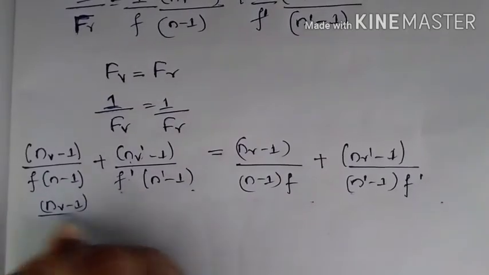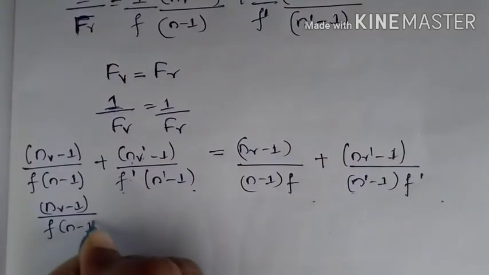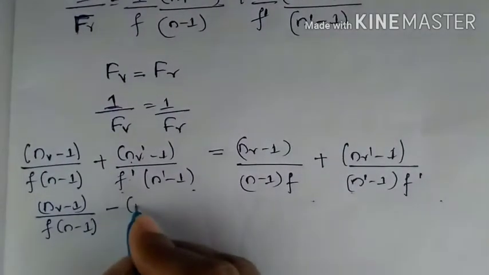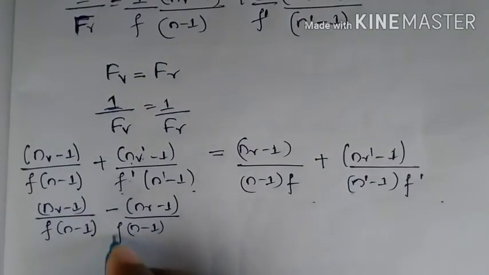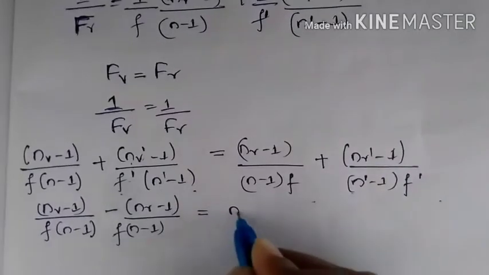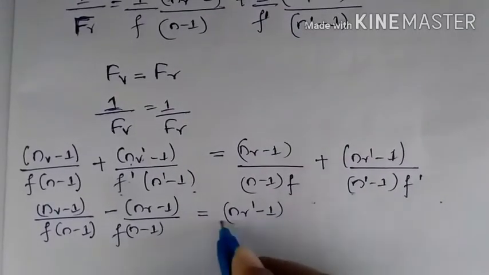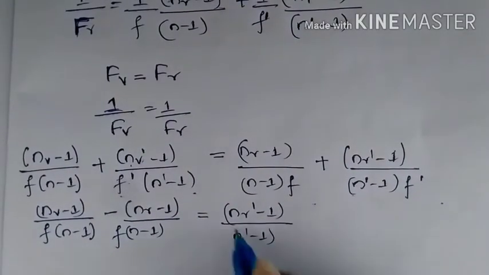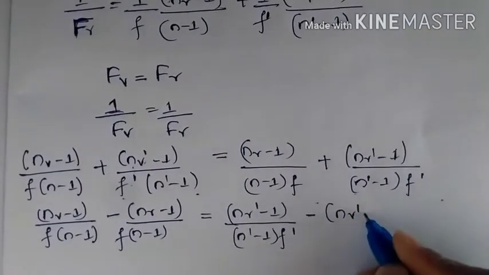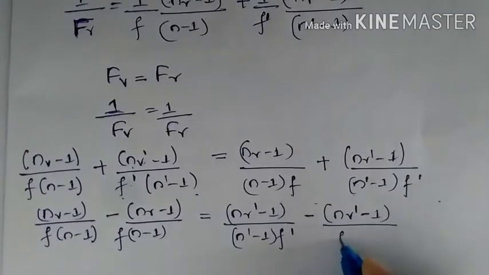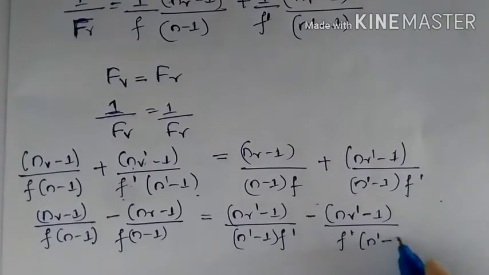So let us separate: (nV minus 1) divided by F into (n minus 1) minus (nR minus 1) divided by (n minus 1) F is equal to (nR prime minus 1) divided by (n prime minus 1) F prime minus (nV prime minus 1) divided by F prime (n prime minus 1).